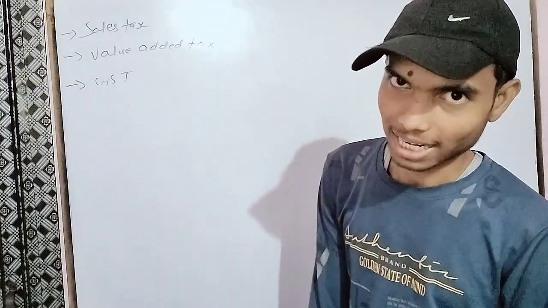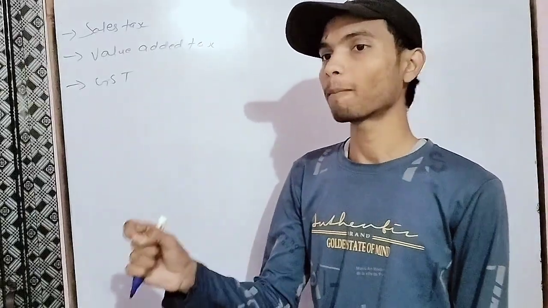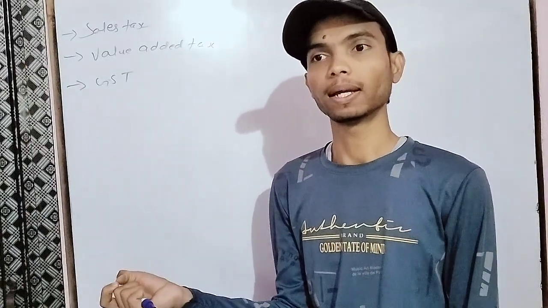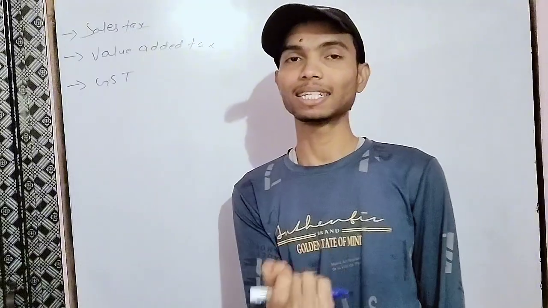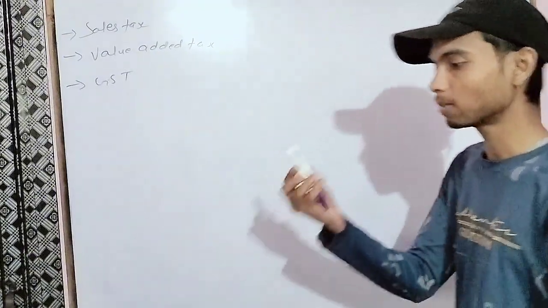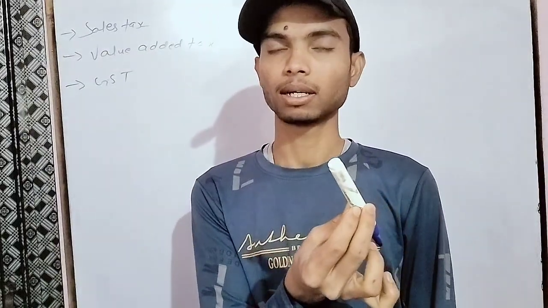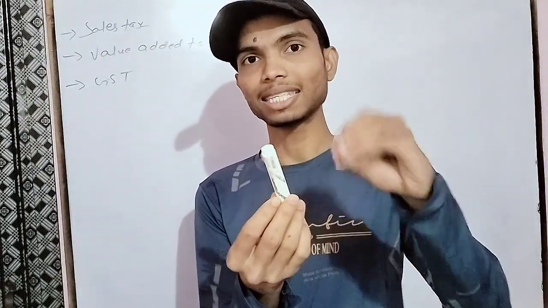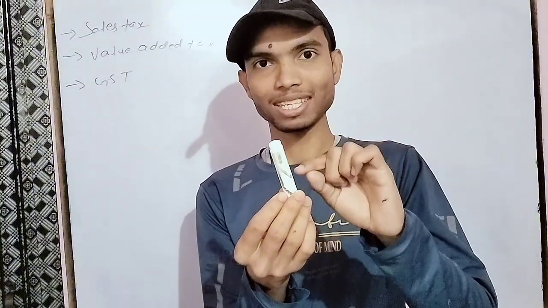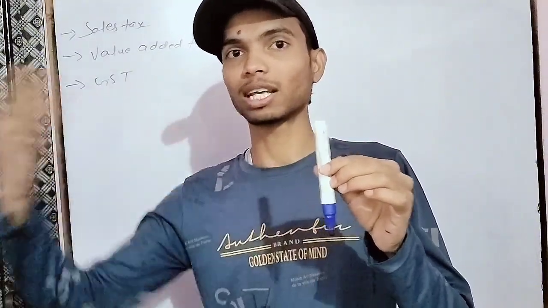Sales tax is a tax which is added to the selling price. Tax which is added in the selling price gives the final price, which is the sale tax. For example, the price of this marker is 15. This is a selling price, and when tax is added to this selling price, then it is known as sale tax, not sale price.